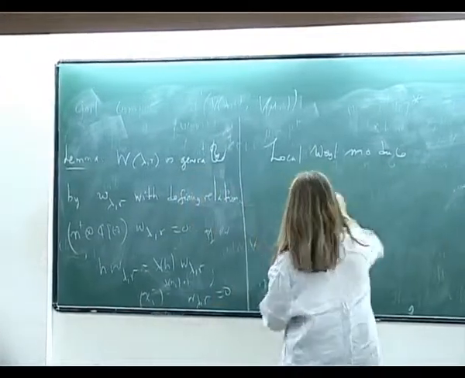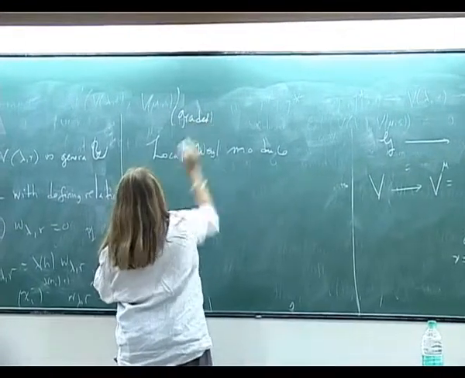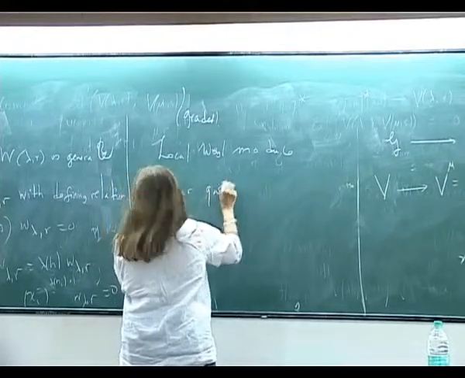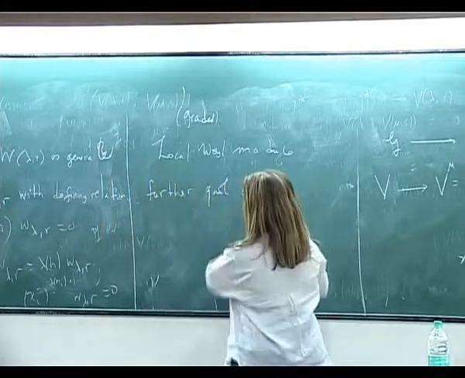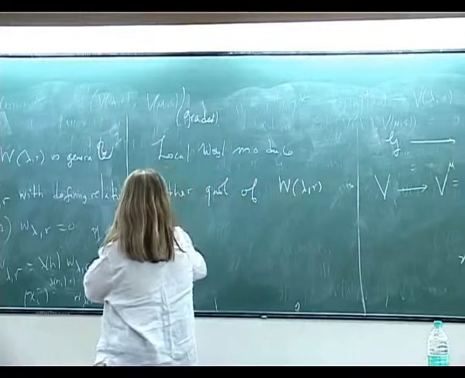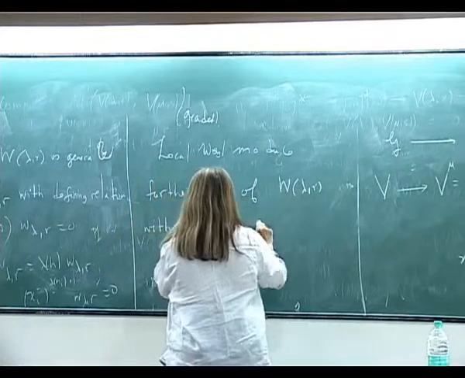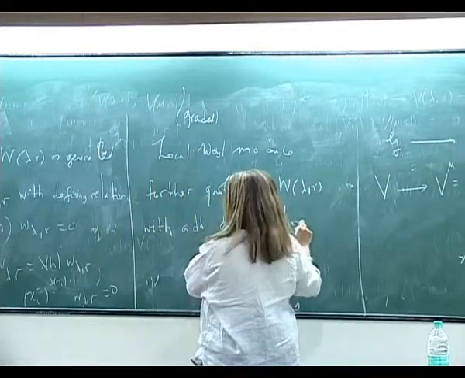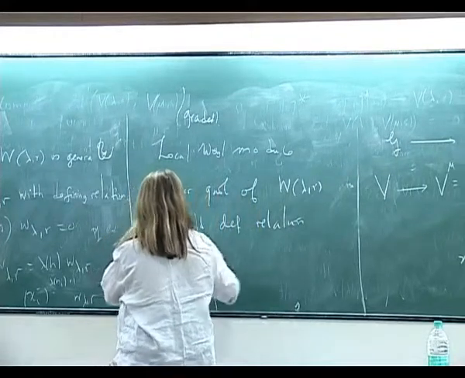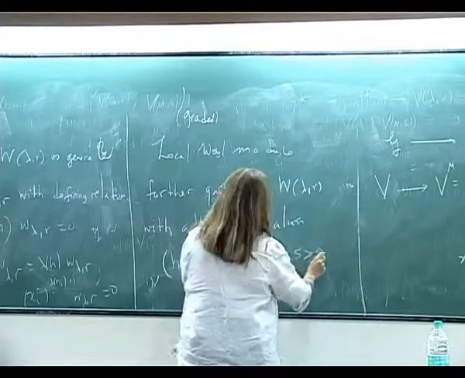So let's write the graded local Weyl modules. They are further quotients of the global one with the additional defining relation, which says that h tensor t to the s applied to w lambda r is 0 if s is positive.